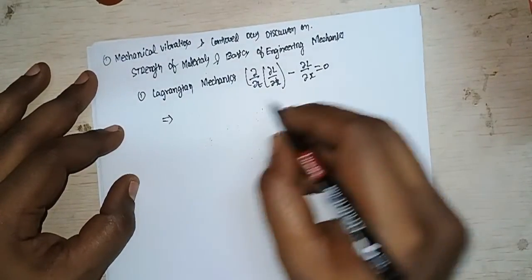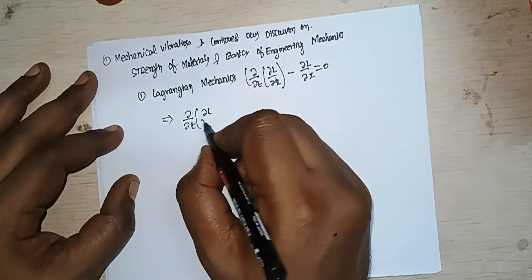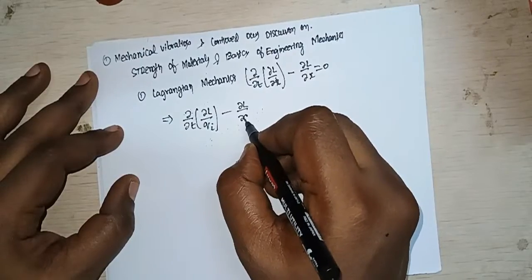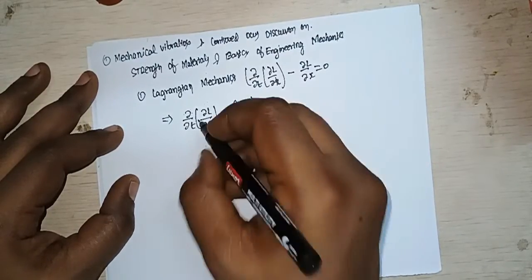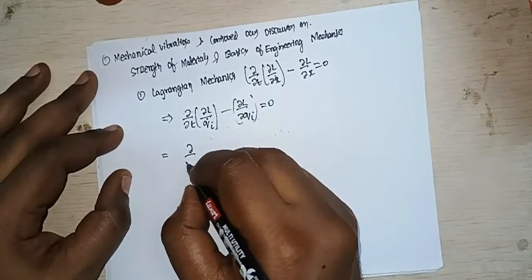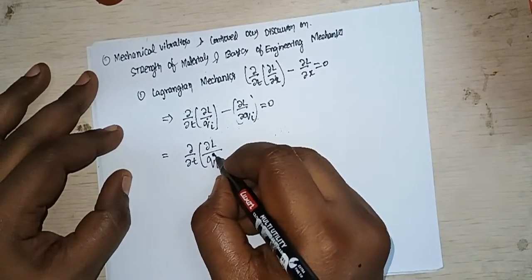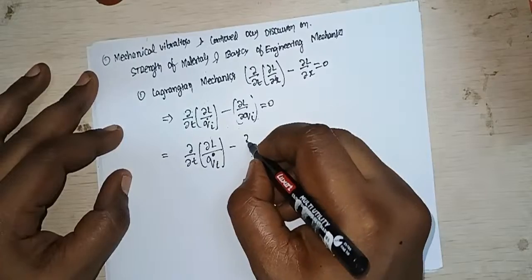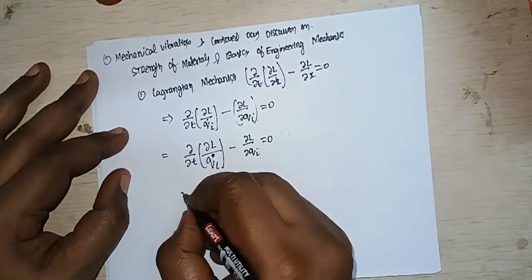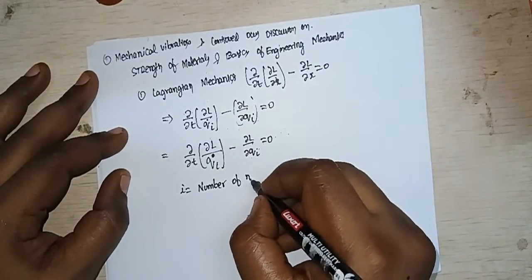In most of the textbooks, you will find this equation with q i dot. The index i is the number of masses.